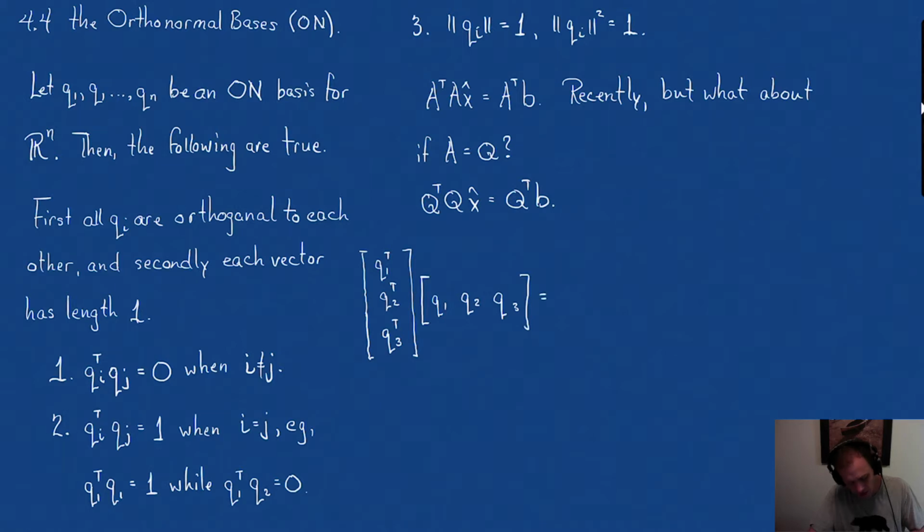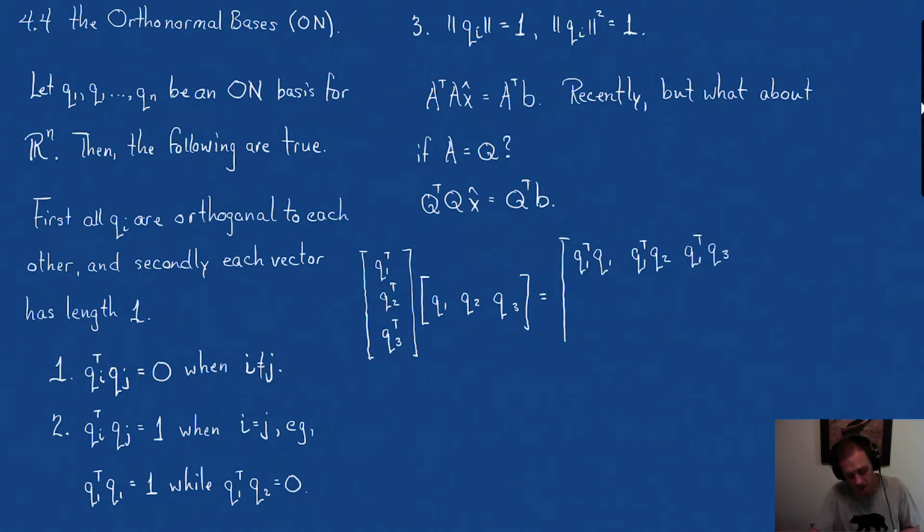Let's think about what this means. This is an inner product. This is going to give me the matrix where row 1 is Q1 transpose Q1, then in row 1, column 2, Q1 transpose Q2, and then Q1 transpose Q3.